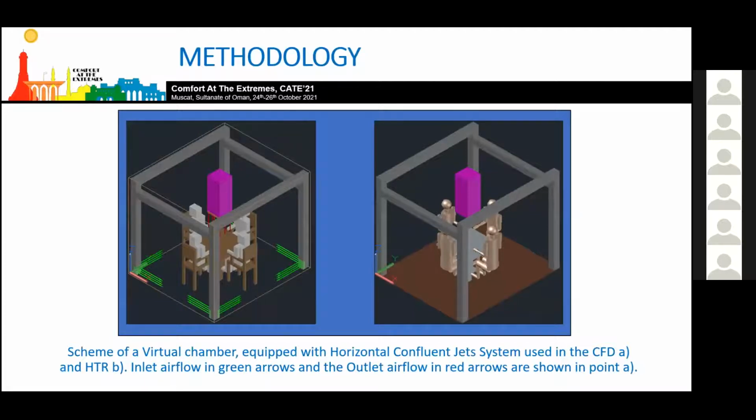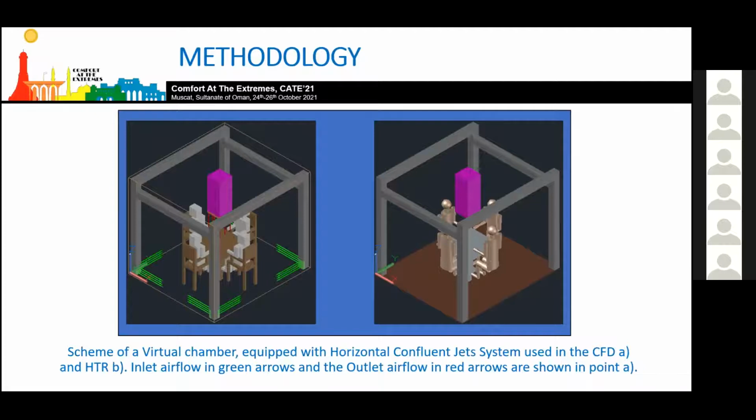So you can see it's the typical climate chamber with input systems. The inlet systems are located near the corridor and near the floor level, and the exhaust system in the middle of the experimental chamber. The chamber is occupied by 4 students, and now I will show more details about the numerical simulations.